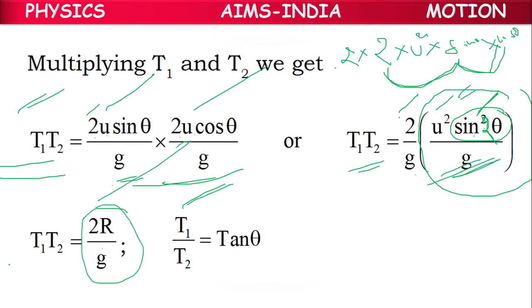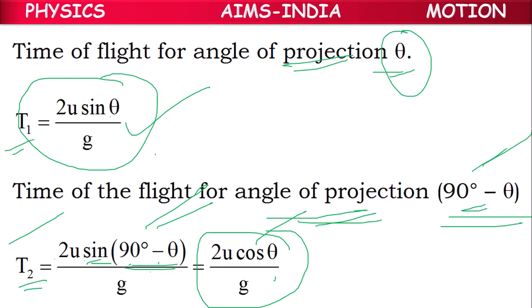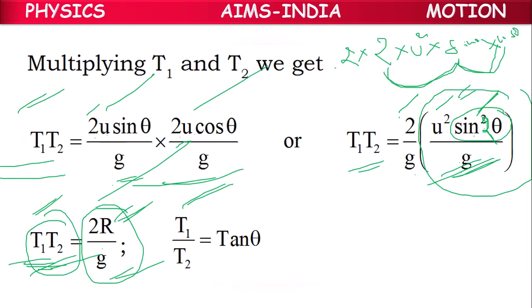We will get T1 T2, the product of times of flights, equal to 2R by g. So that is the relation between times of flights and range for same range. For different angles of projection, same range, the relation between T1 and T2 is 2R by g.